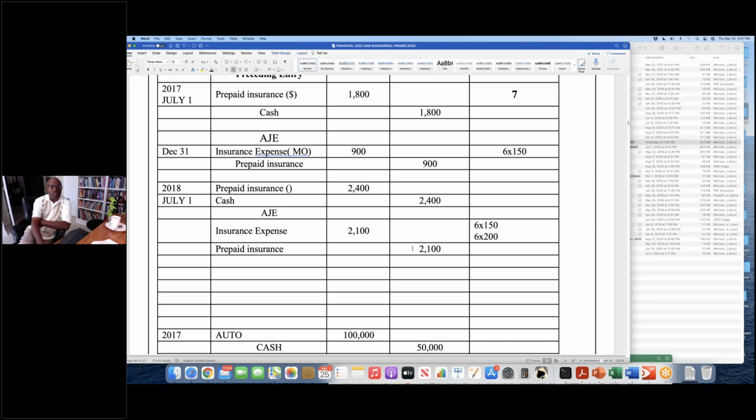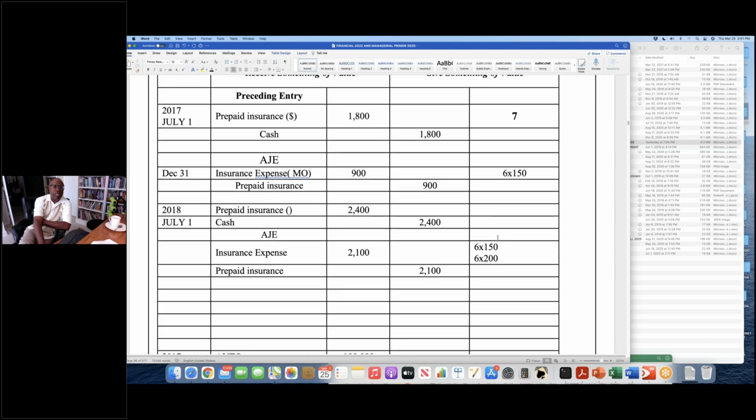So the insurance is expiring. 6 months at 150, then 6 at 200, because these are 12-month policies. So we get the 150 by dividing 1,800 by 12, then we divide 2,400 by 12.